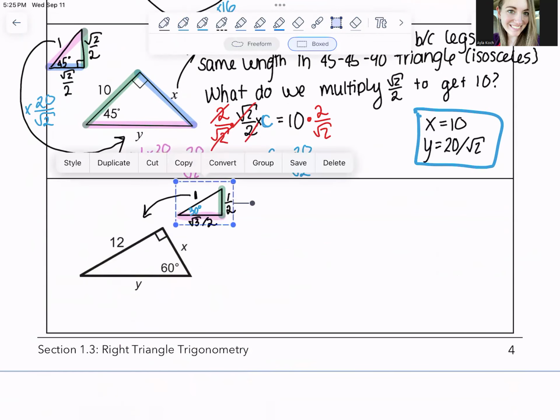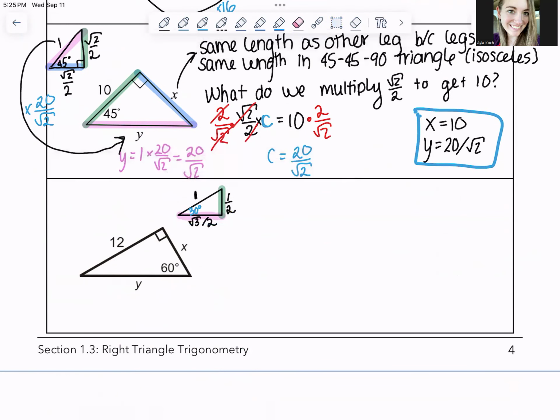So I'm going to go back to my 30-60-90 triangle here. 60 degrees. So the hypotenuse, let's go ahead and label them. The hypotenuse, because it's opposite the right angle.